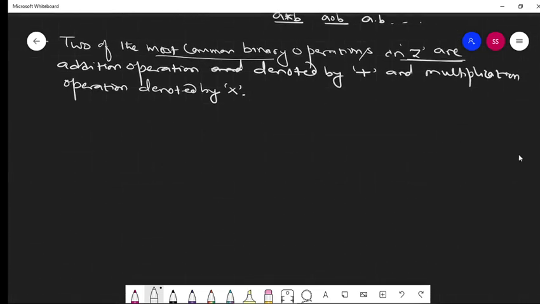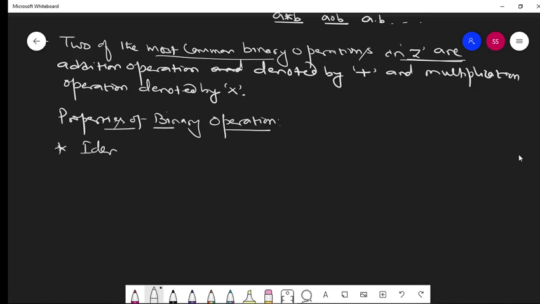Now moving to properties of binary operation. There are a few properties. Firstly, the identity property.